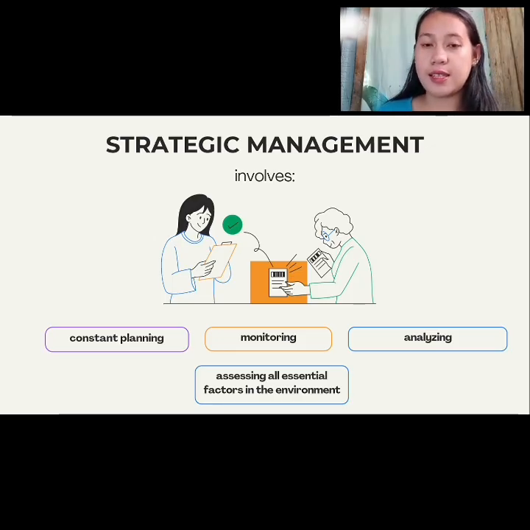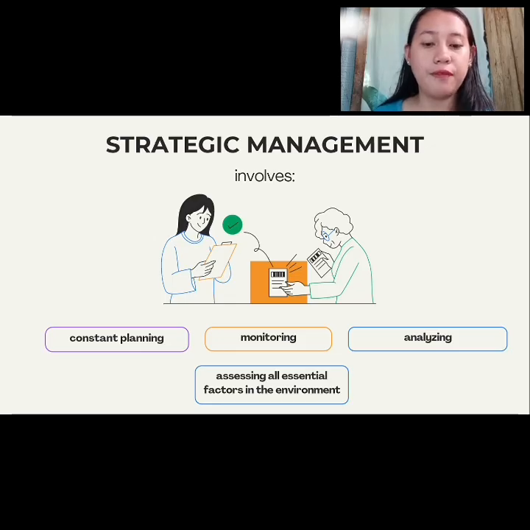So the next is assessing all essential factors in the environment. So assessing environmental factors is critical in strategic management. This involves evaluating the internal factors: strengths, weaknesses, resources, and capabilities.